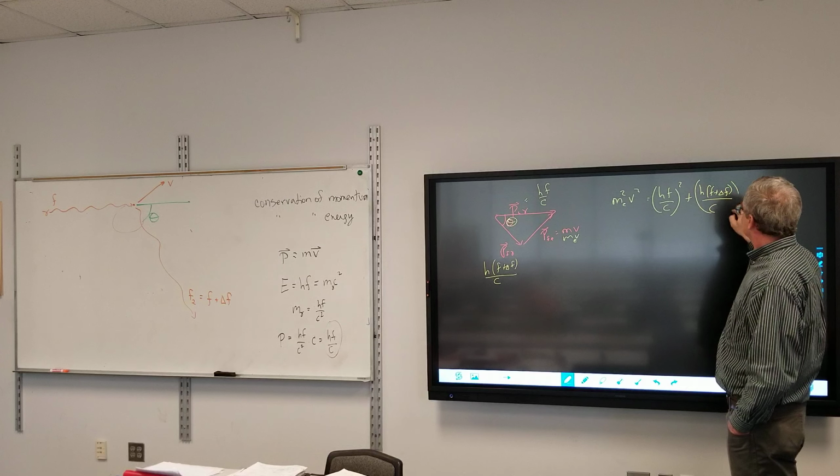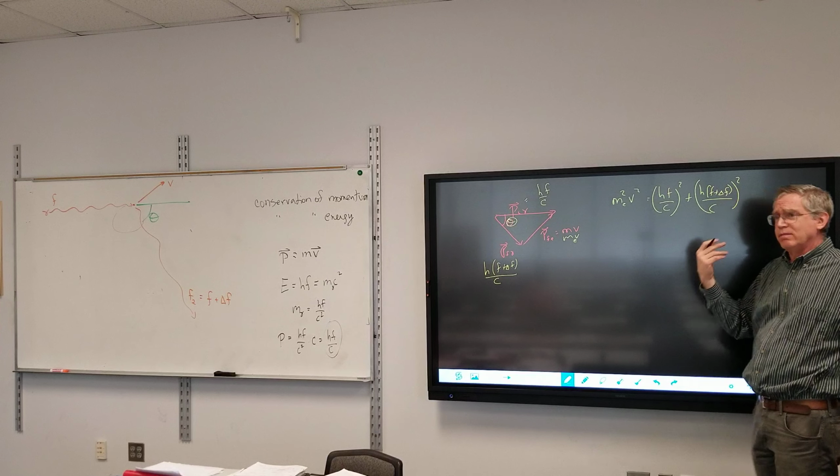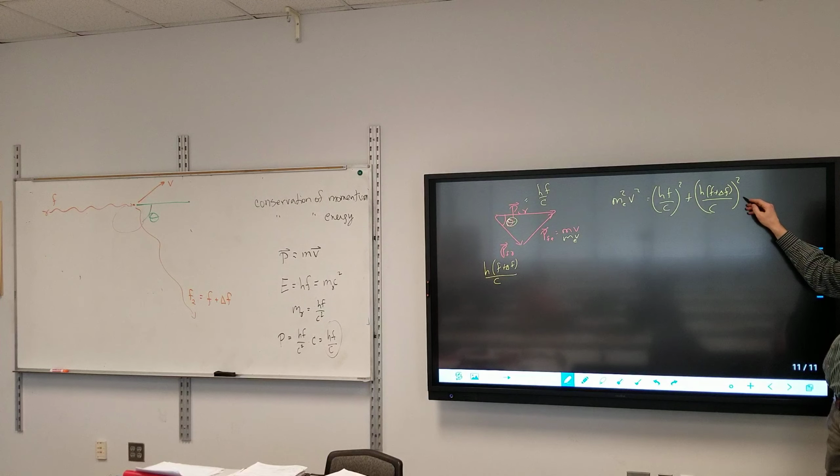That would be, if theta is 90 degrees, the Pythagorean theorem, but it's then generalized, minus 2 times hf over c times the other one times the cosine of the angle.